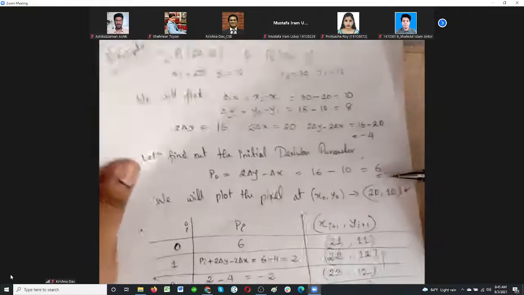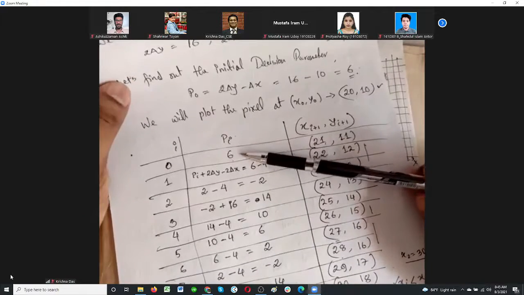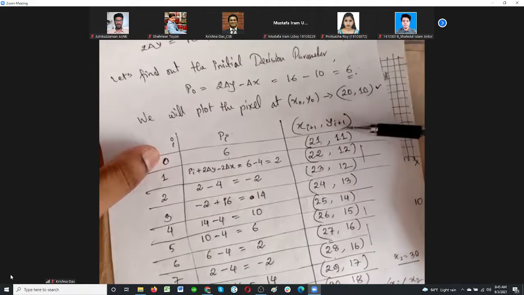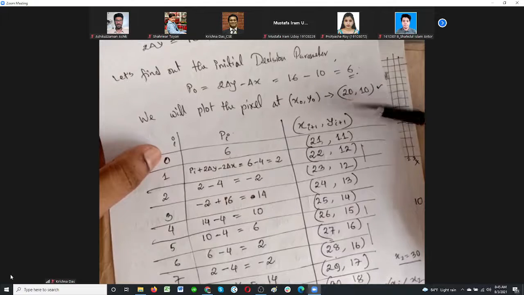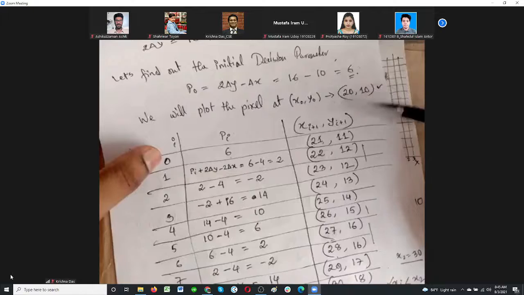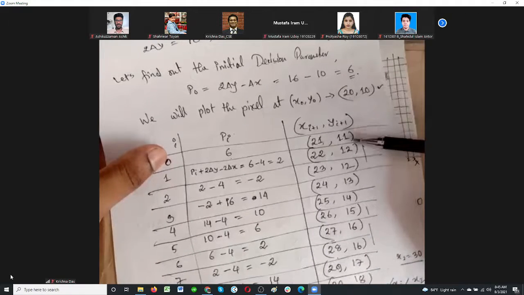Then we go to the second one in the table. We start with the positive 6 at iteration 0, and as it is positive, xi is incremented by 1 and yi also by 1. So 20 becomes 21, 10 becomes 11.